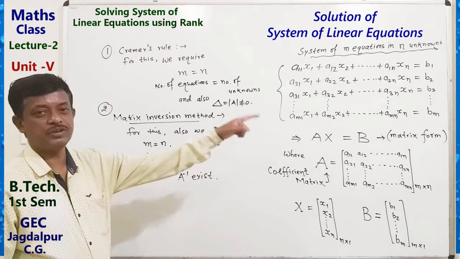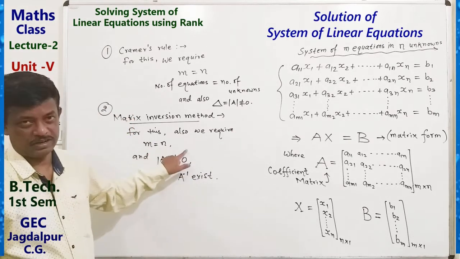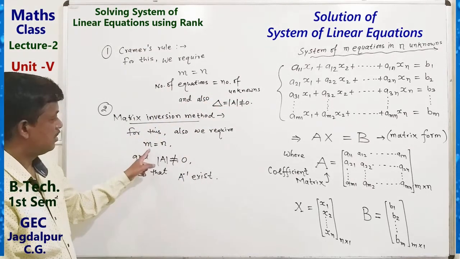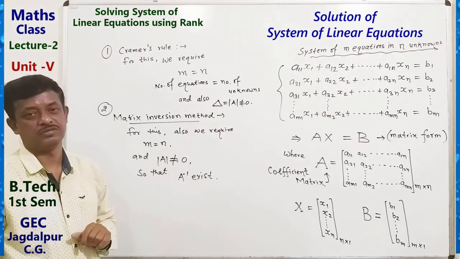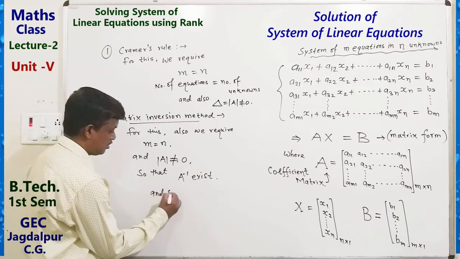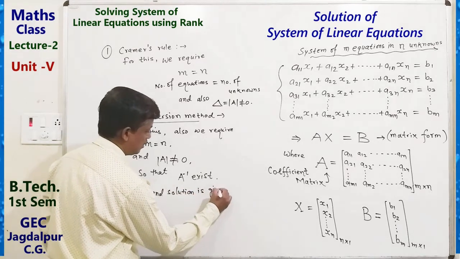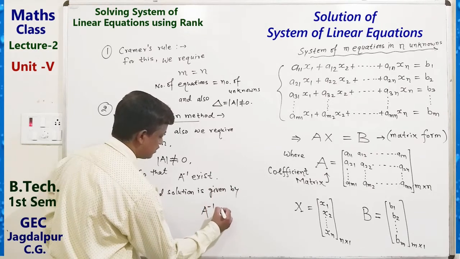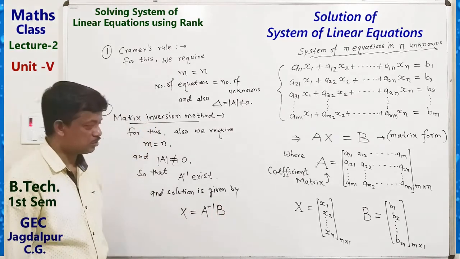For this also we require the number of equations and number of unknowns to be the same, and the determinant of the coefficient matrix not 0. Then A inverse exists, and the solution is given by x equals A inverse B, where x is the solution matrix.